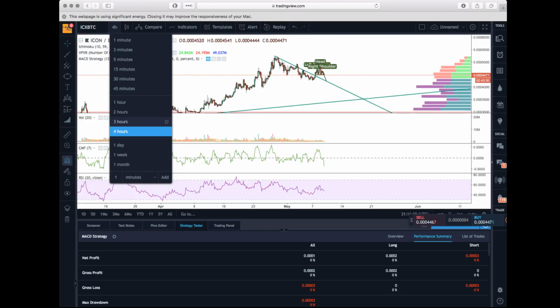I can see something like that very easily happening with ICX, especially once Korea really finalizes some of their new laws and opens up the ICOs officially, things like that. Let's see here.